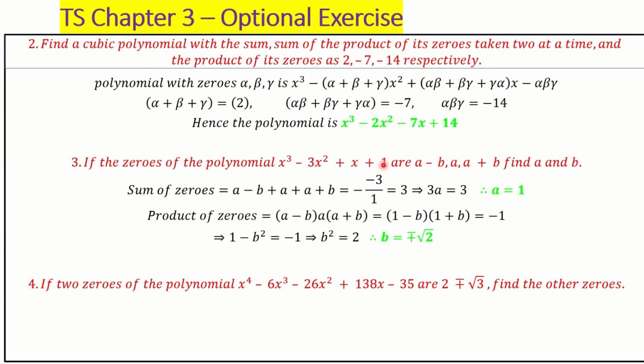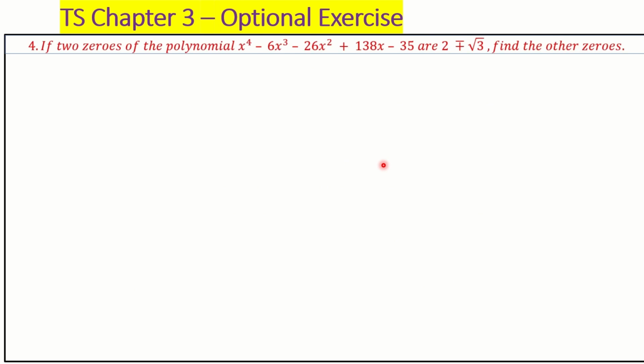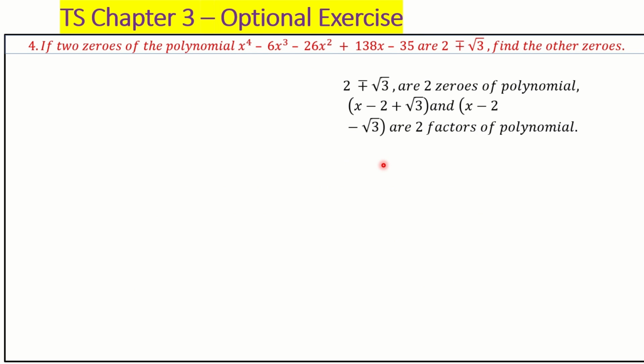Now next question. If two zeros of the polynomial are 2 plus or minus square root of 3, find the other zeros. So this is again simple. First they have given two zeros, so you factorize them and then we do long division, right? So x minus 2 plus square root of 3 and x minus 2 minus square root of 3 are two factors.